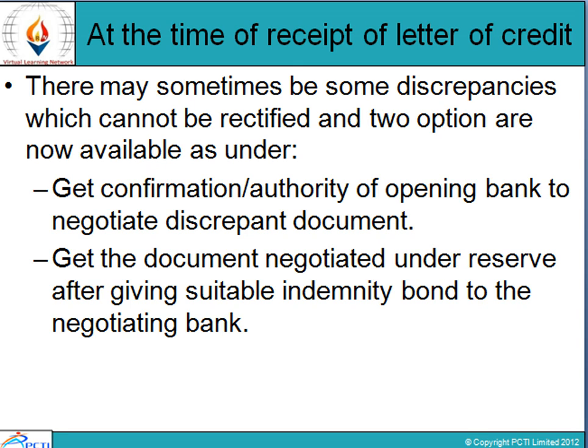However, there are certain discrepancies which cannot be rectified, and there are two options available. First option is to get a confirmation or authority of the opening bank to negotiate any kind of discrepant document, or the second option is to get the document negotiated under reserve after giving suitable indemnity bond to the negotiating bank.